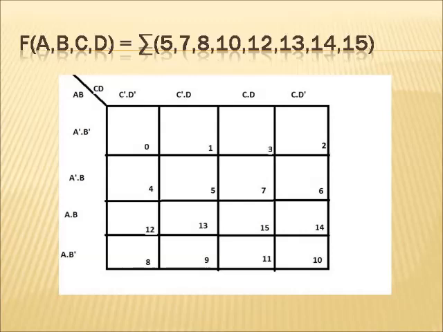See the arrangement 0, 1, 3, 2, 4, 5, 7, 6. After that 12, 13, 15, 14, 8, 9, 11, 10. Okay, if you don't understand this, please refer to the previous videos, right? I have uploaded many videos based on KMAP, and if you still have any doubt, please contact me.